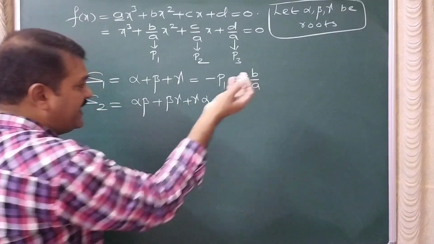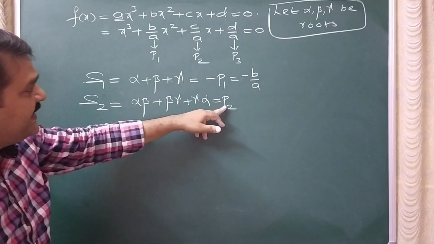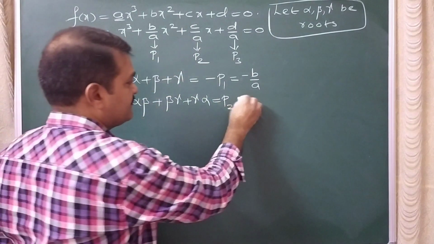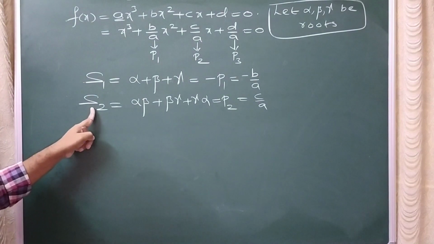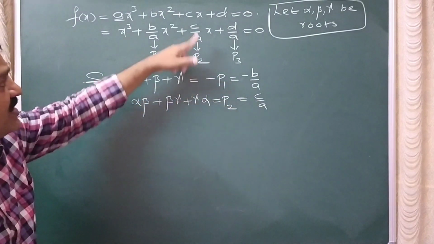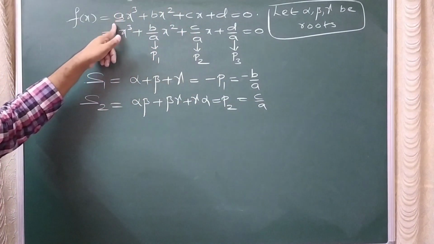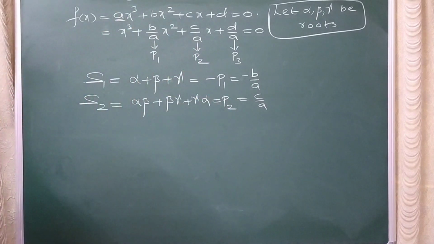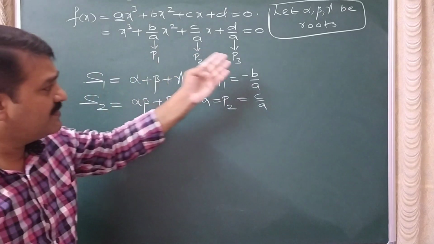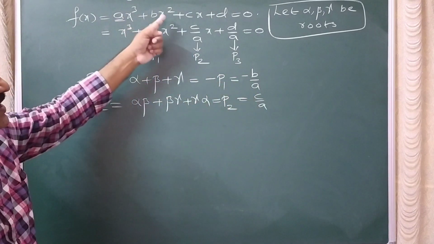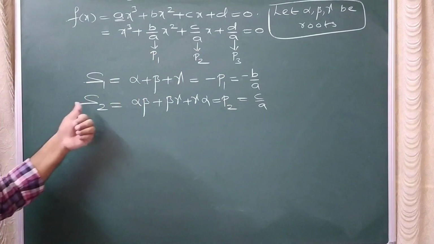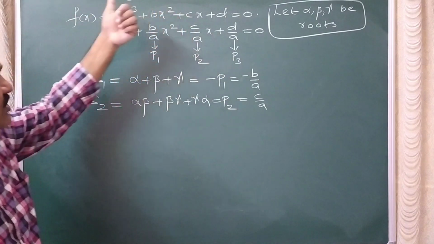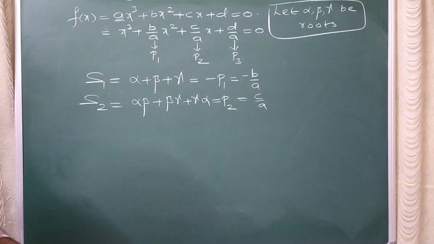S2 is equal to P2. What is P2? c by a. So what is the formula of S2 now? Coefficient of x by coefficient of x cube. Or simply you can remember like this: S1 means minus coefficient of second term by coefficient of first term. S2 is coefficient of third term by coefficient of first term.